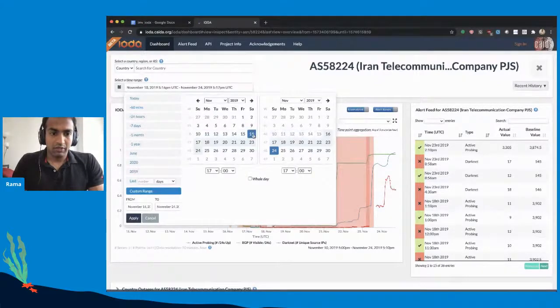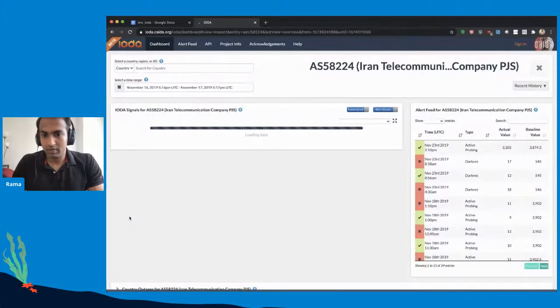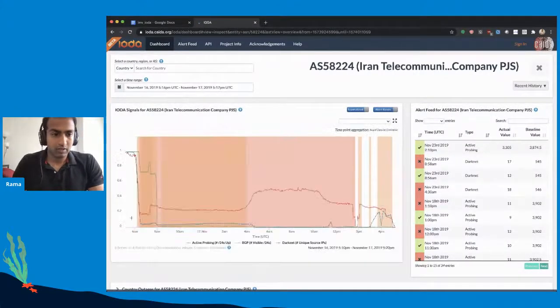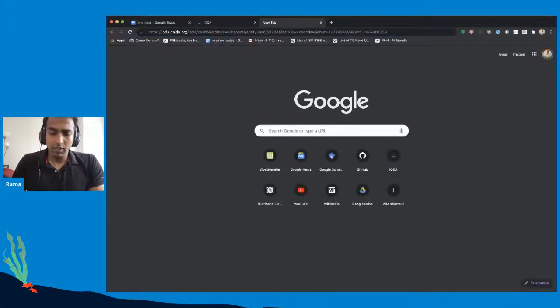So let's click 16th November, 17th, and apply. All right. So what we see here is the data zoomed in for the 16th of November, the day that the outage started. Now let's copy this link and open a new tab and paste it.